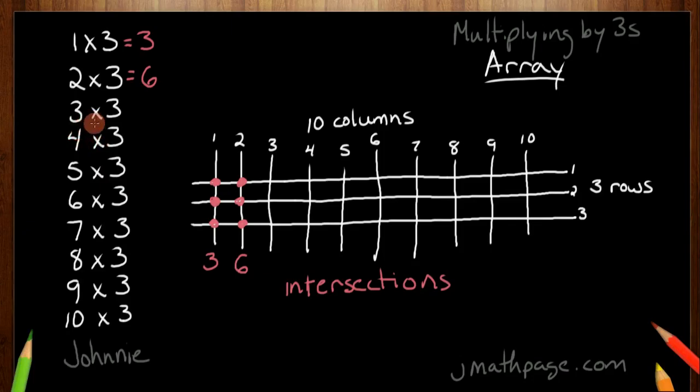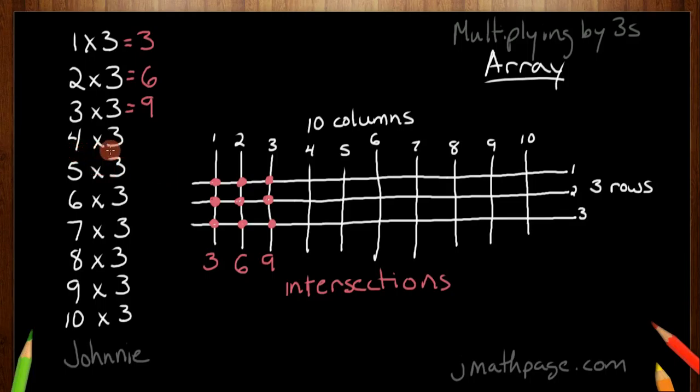What about 3 times 3? 3 columns and 3 rows. I'll mark the intersections. Now I know I had 6 here before, so let's count on. 6, 7, 8, and 9. 9 intersections altogether. So 3 columns and 3 rows gives us 9 intersections altogether.